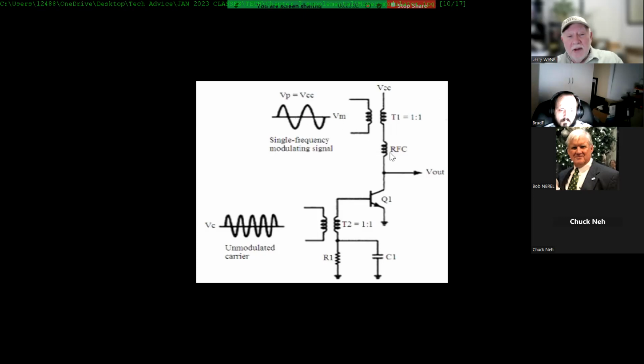If you put a voltage that goes up and down according to a tone or a microphone or something of that sort into the power supply going to the unmodulated carrier, you get a mixture of this and this going out.